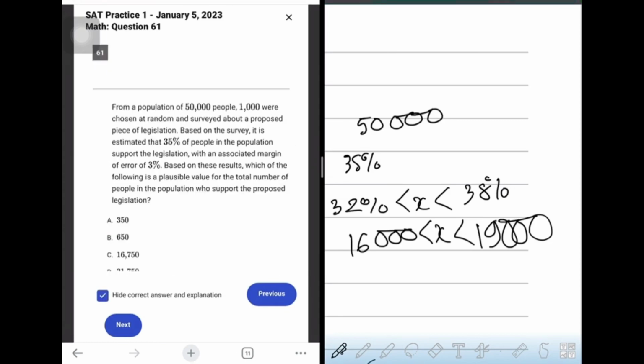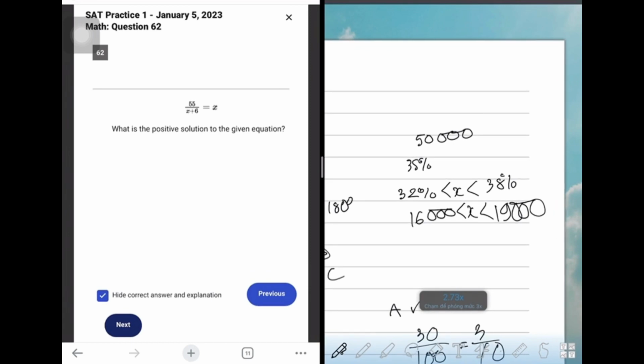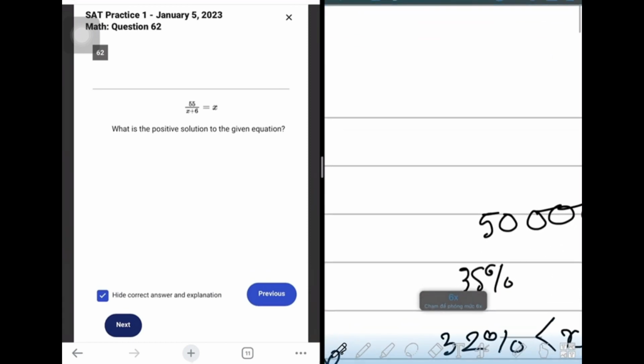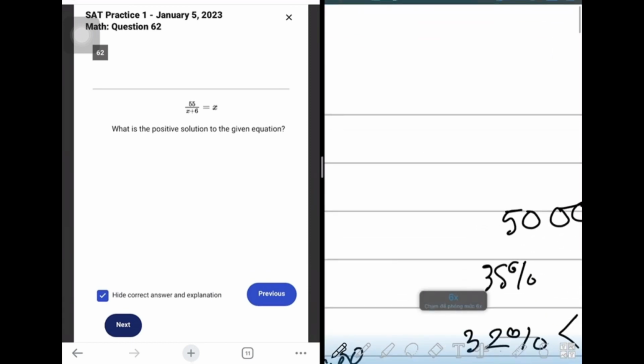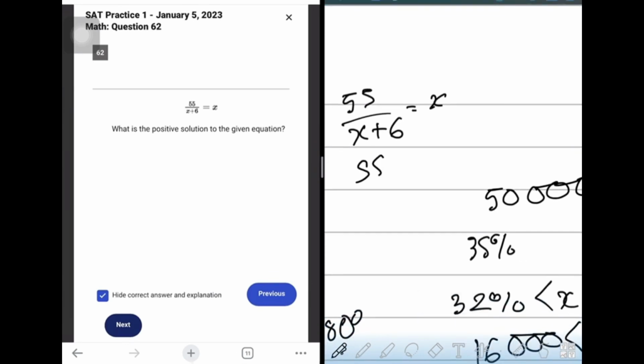Right. This one is easy. You can use your calculator, or you can also calculate by hand. 55 plus 6x equals x squared, and then you can use your calculator.